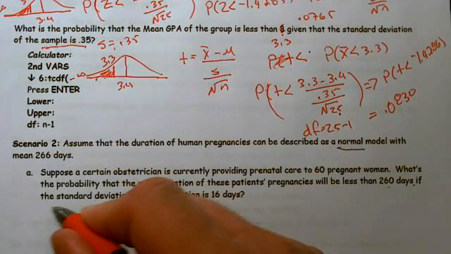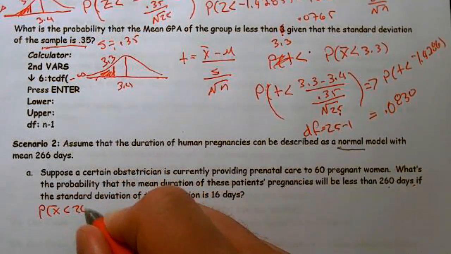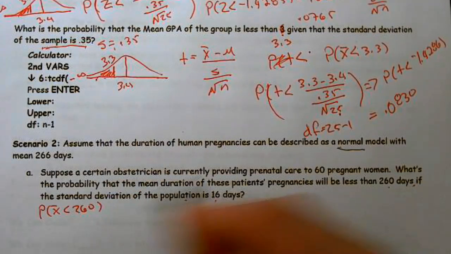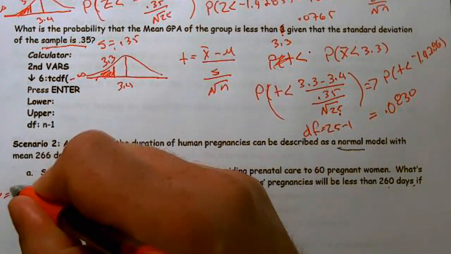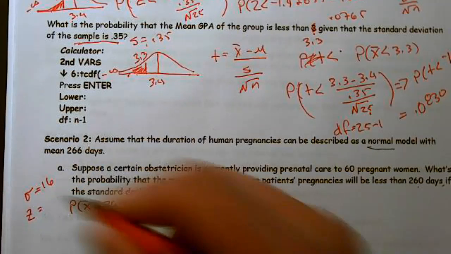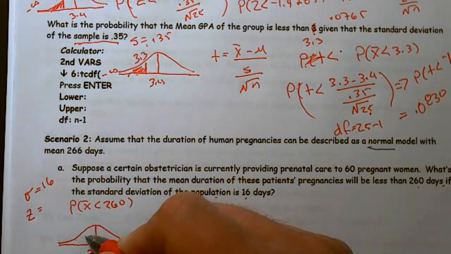So we want the probability that X bar is less than 260 if the standard deviation of the population is 16. So they have now given us the standard deviation of the population. And because they gave the standard deviation of the population, we can work with a Z. So drawing my graph, the mean is 266.